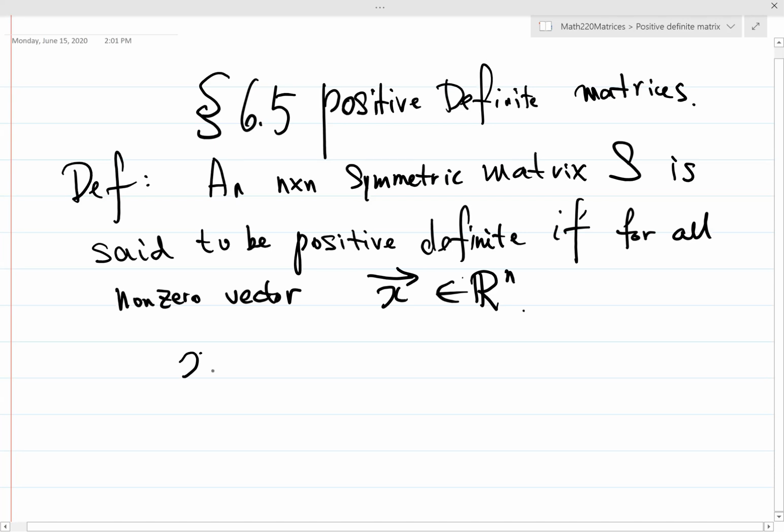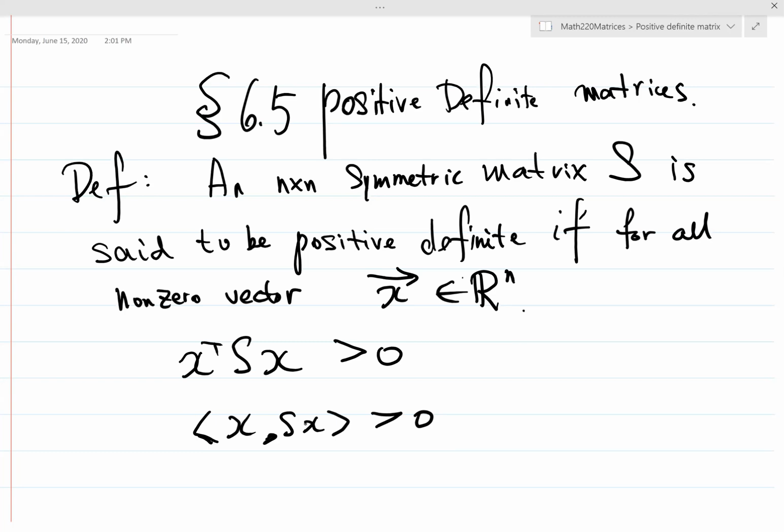we have x transpose S x greater than 0, i.e. the inner product of x with Sx is positive. Here we assume S is symmetric.